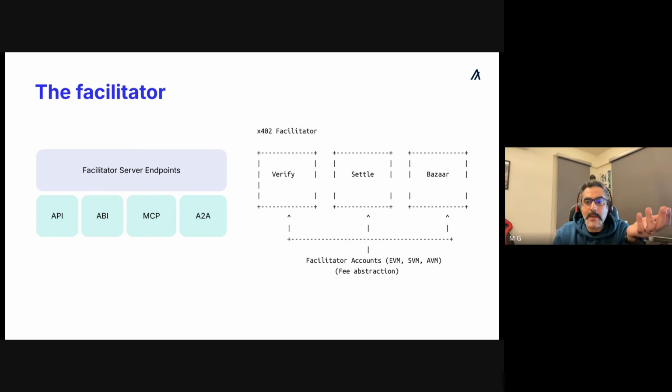Usually, you should be able to find the facilitators available in an API form with endpoints, which is the most common form of the facilitators available right now. You can have them in MCP format. You can have them as an agent who does the facilitation for you using A2A.